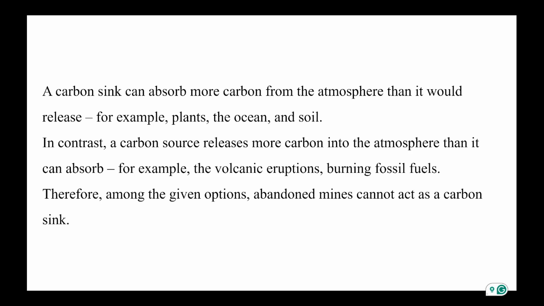So the amount of carbon that is absorbed by these plants, oceans, and soils is more than they would release. In contrast, there are carbon sources. So there are two terms: carbon sink and carbon source. Carbon sources are the ones which can release more carbon than they can absorb, like volcanic eruptions. Volcanic eruptions release more carbon to the atmosphere than they can absorb.